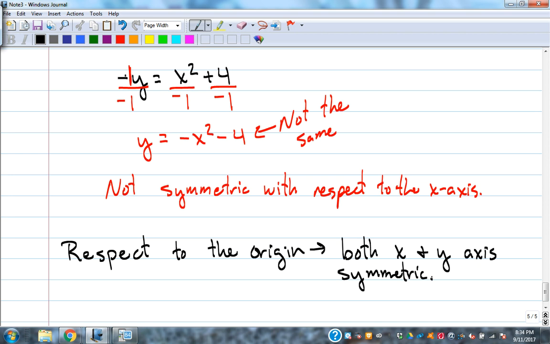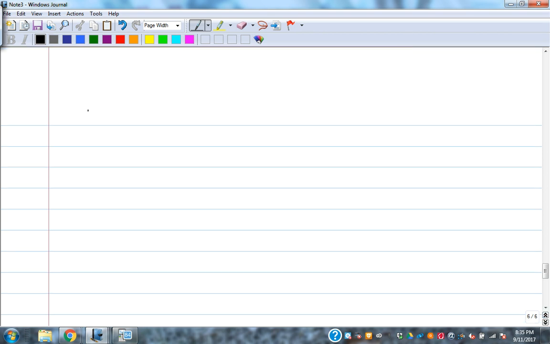Takes a pretty special equation to be both of those. That doesn't happen a whole lot. But it's got to be both of those to be symmetric to the origin. Okay. Let's test a couple, and then we'll get to the last test for odd and even. We should see something overlapping here.